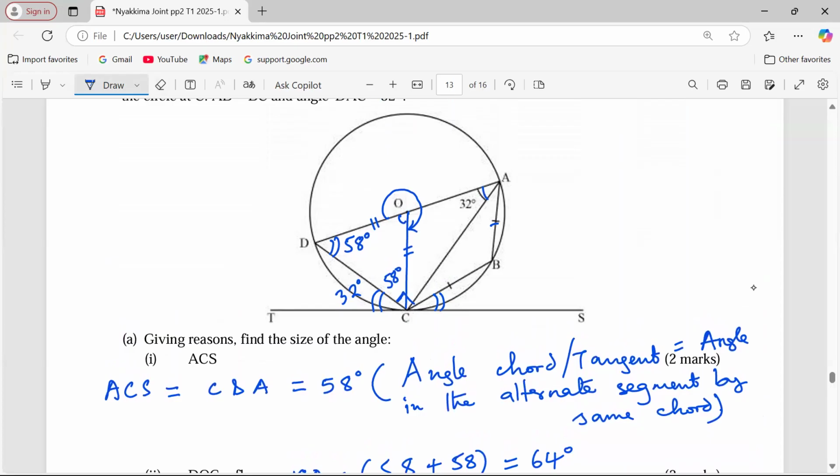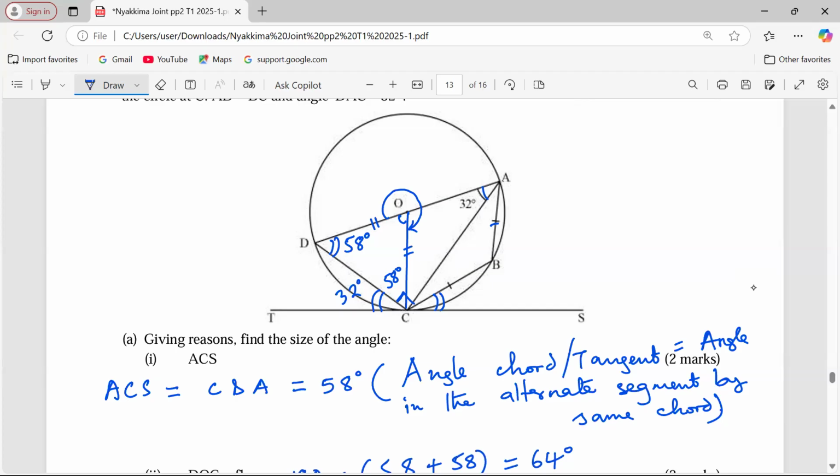One, we can use opposite angles in a cyclic quadrilateral. We know that ABCD is a cyclic quadrilateral, and a cyclic quadrilateral is a quadrilateral whereby all the vertices touch the circumference of the circle.